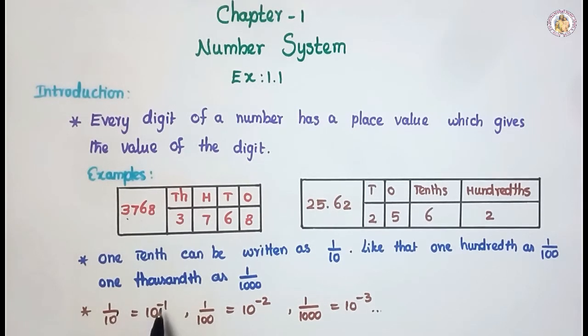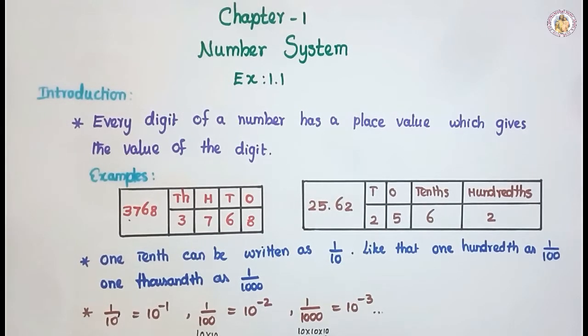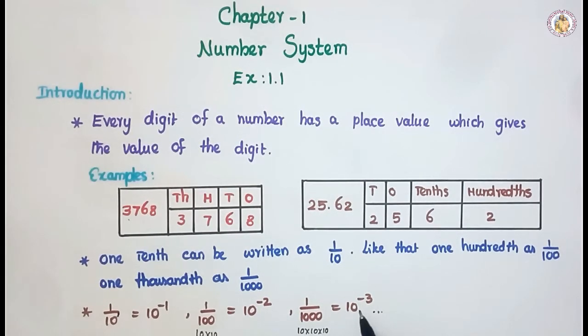So 10 power minus 1. Here 1 by 100 is 10 into 10, that is 10 square, so in the numerator it is 10 power minus 2. Like that, 1 by 1000 is 10 into 10 into 10, that is 10 power 3, so in the numerator it is 10 power minus 3.